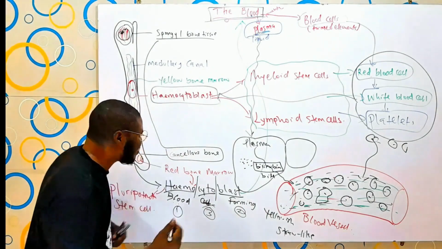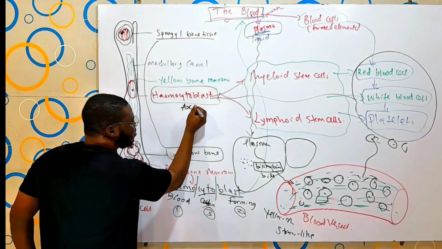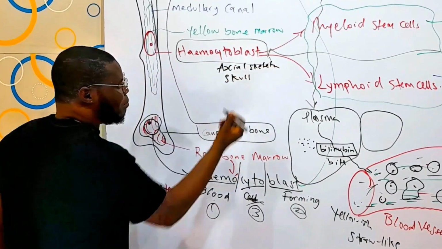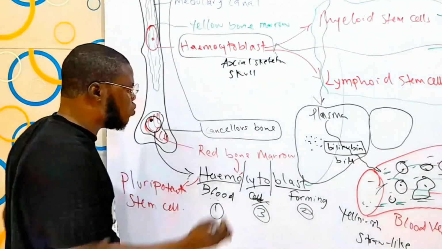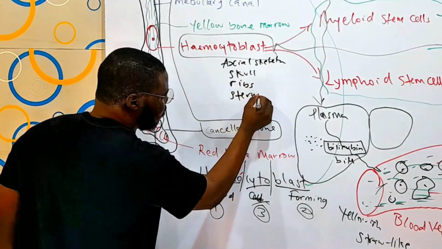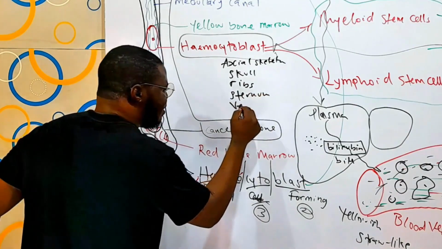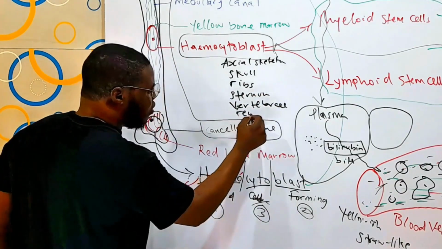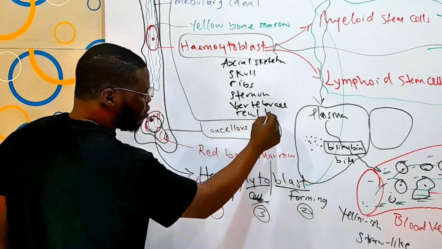Remember, the exoskeleton includes the skull. It means the skull can perform the function of hemopoiesis as well. So things like the ribs, the sternum itself, the vertebra, then your femur, all your long bones and short bones.